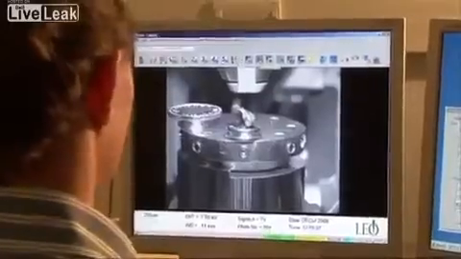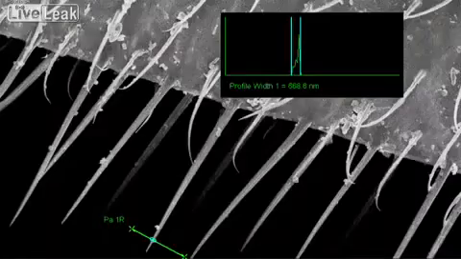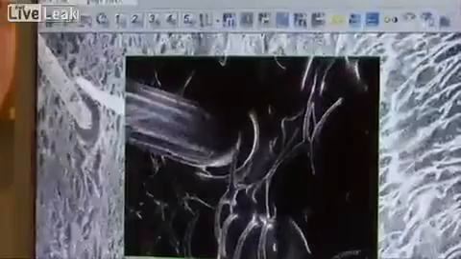This is the fly's wing. And who would have thought that it would have had all these little hairs sticking out from it? The tip of each of those hairs is only about 600 or 700 nanometers in diameter. When we use electron microscopes, we explore new and alien landscapes. It's a strange new world down there.